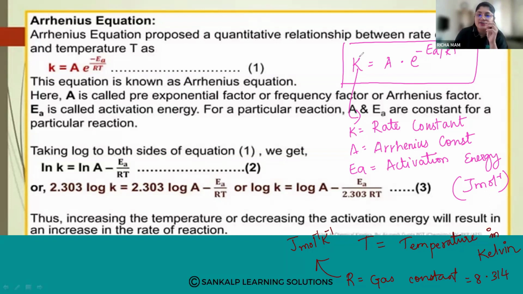By seeing the rate equation, what you can see is that the rate of the reaction increases with the increase in temperature. So as the temperature increases, what will happen to the rate of reaction? It also increases. Or the rate of reaction increases with decrease in activation energy.